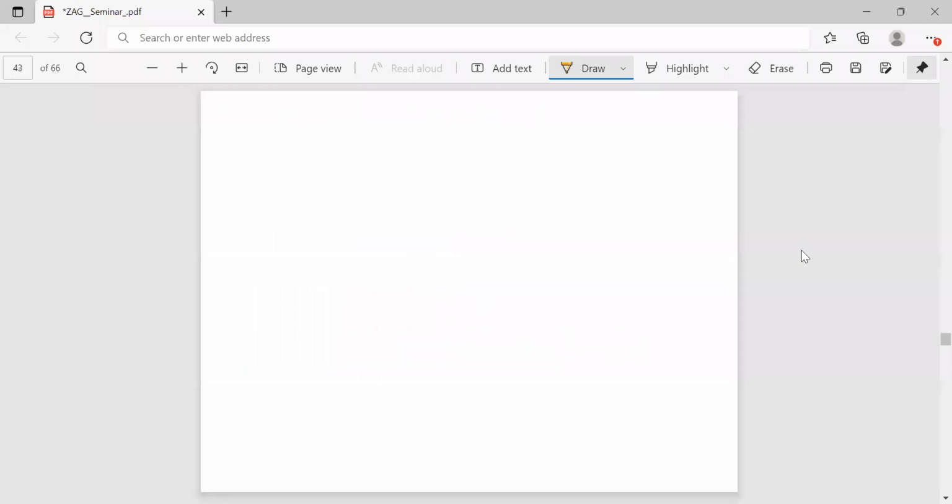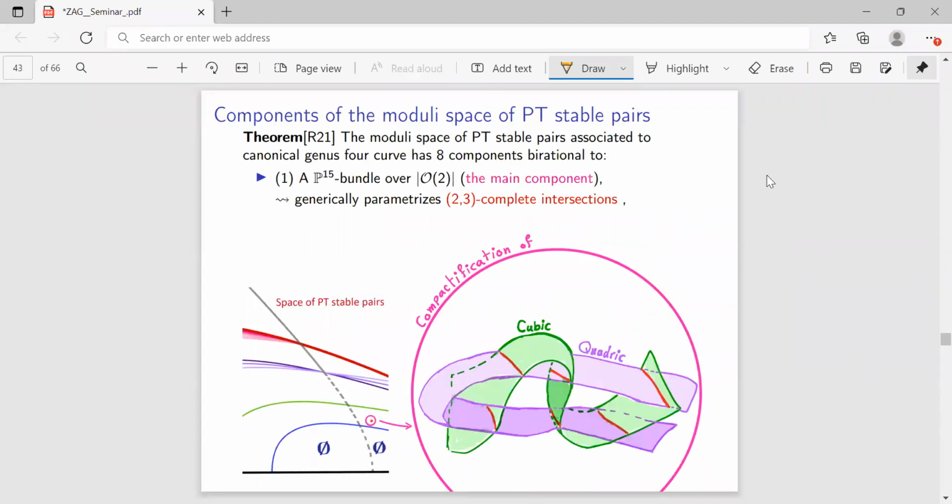Okay, and then this theorem describes the space of PT stable pairs. Basically, we cross the rest of the walls. First, we start from the beginning.